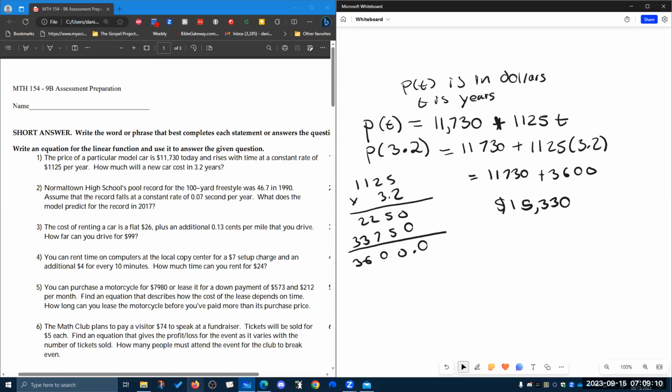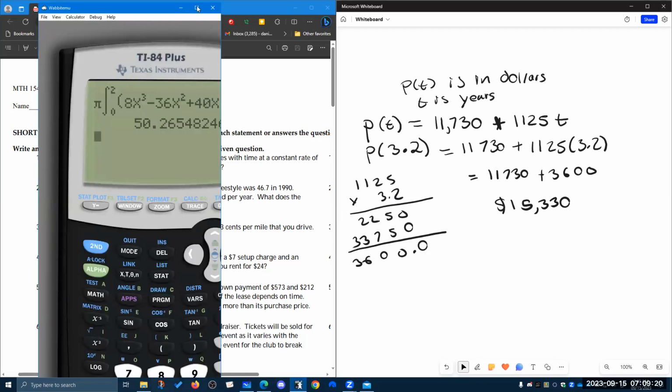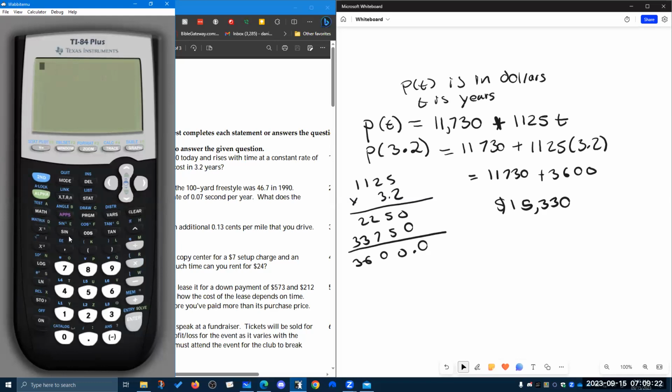$15,330. Let me show you how to do that pretty easily in your TI-84 calculator. It's pretty nifty. Get rid of this calculus I was doing here. So when we go into y equals, we can make our function here 11,730 plus 1125, and we have to use the variable x.